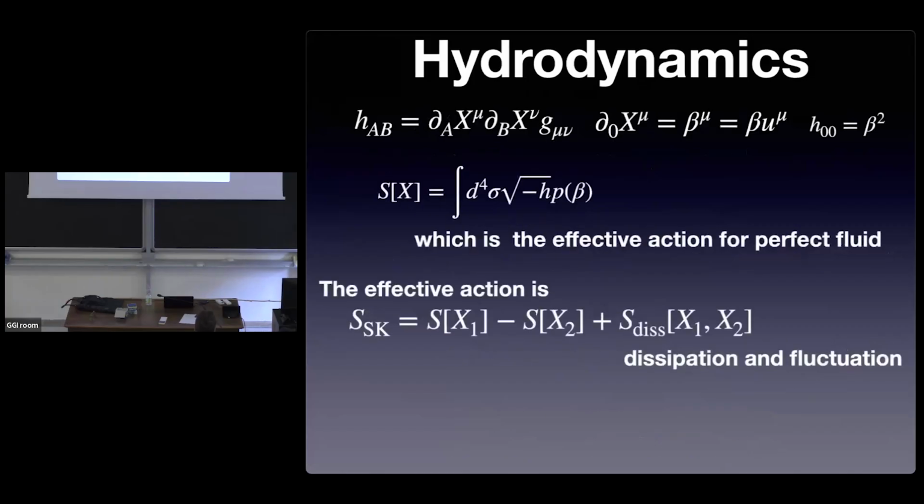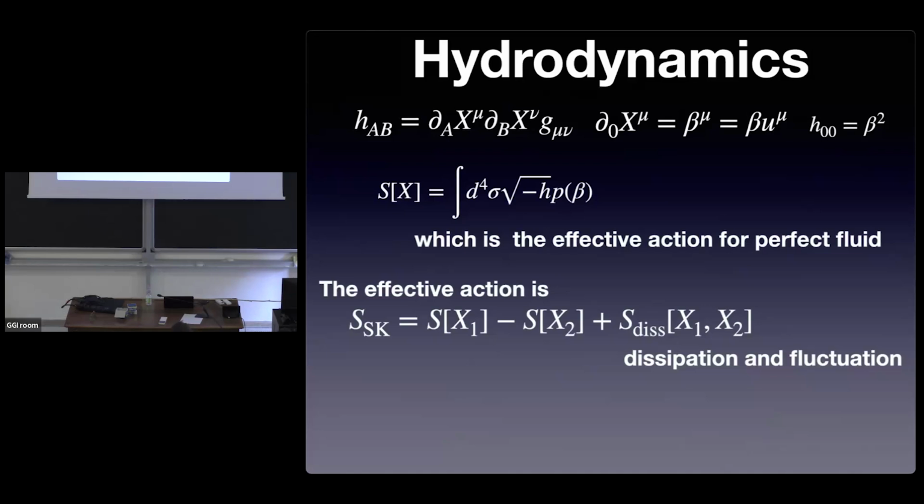So the hydrodynamics can be constructed within this symmetry. You can define these degrees of freedom. The time derivative of the coordinate is nothing but the inverse temperature times the fluid velocity. And the zeroth component is just the scale of the temperature. This combination is invariant under the previous transformation, so that you can define the action in this form.